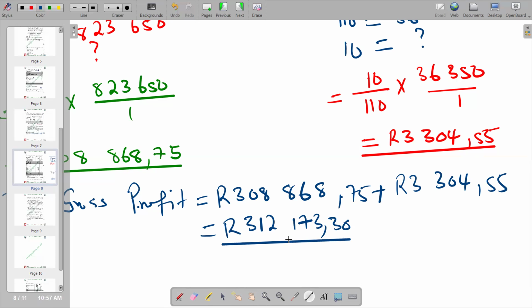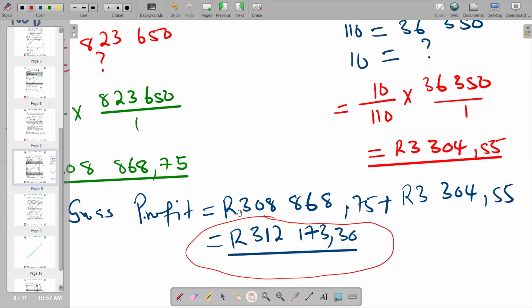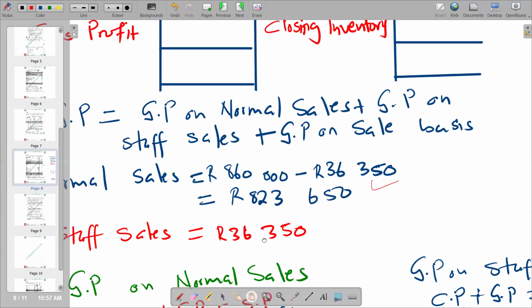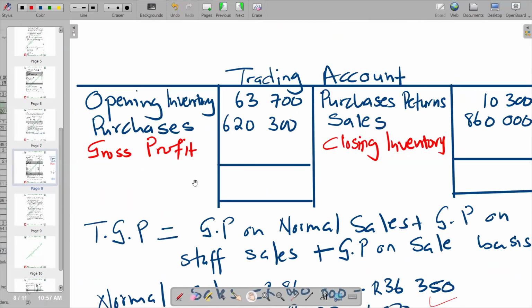So basically, this is going to be your total gross profit. So this figure that we have here for total gross profit is the same figure that is supposed to come here in our T account as our gross profit.